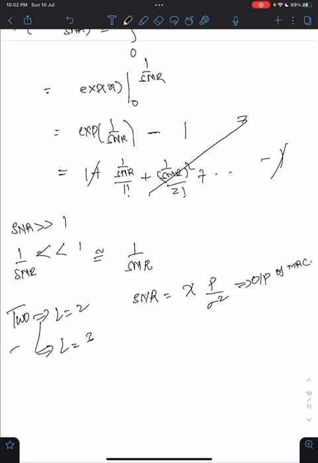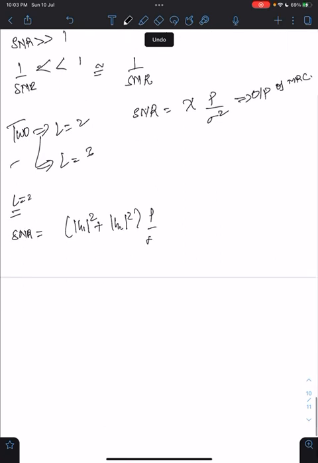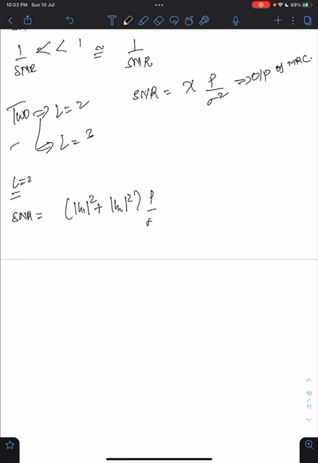All right, so the L equals 2 case I'm working out. Probability of SNR being mod of H1 square plus mod of H2 square, because L is 2, right, times P by sigma square. I need to figure out the probability that these two channel coefficients will go into deep fade.